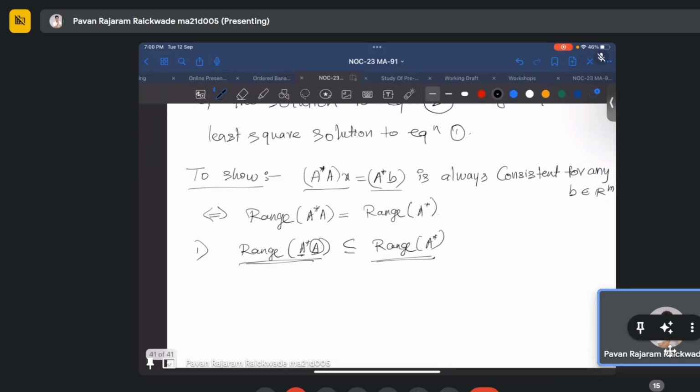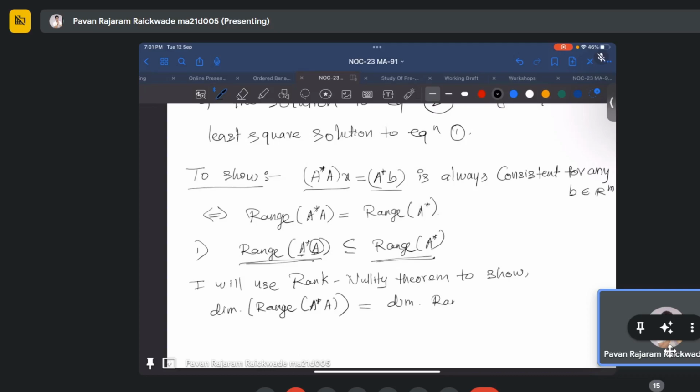So I will use the rank nullity theorem to show that the dimension of the range of A star A is the same as the dimension of the range of A star.